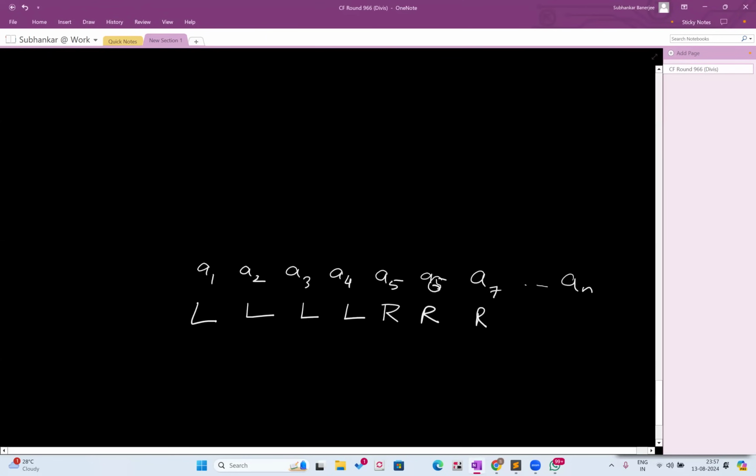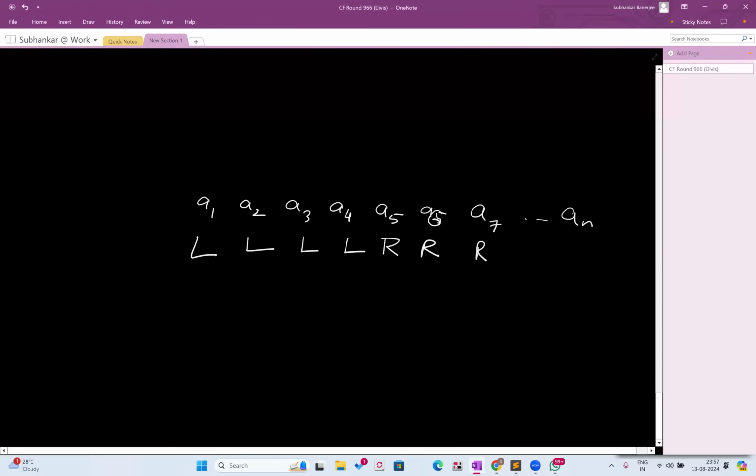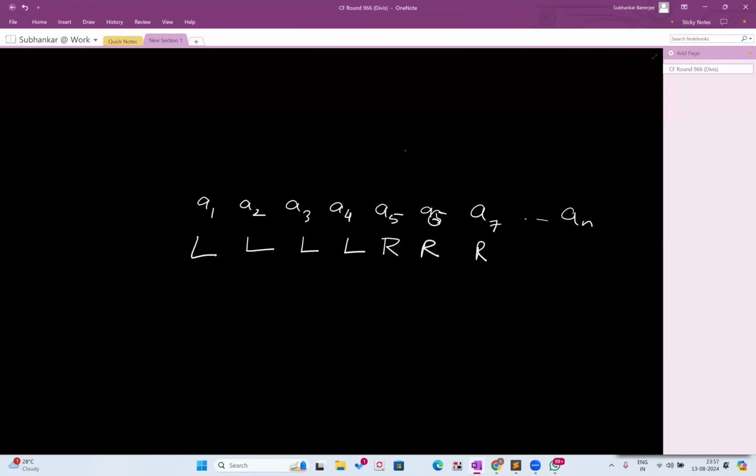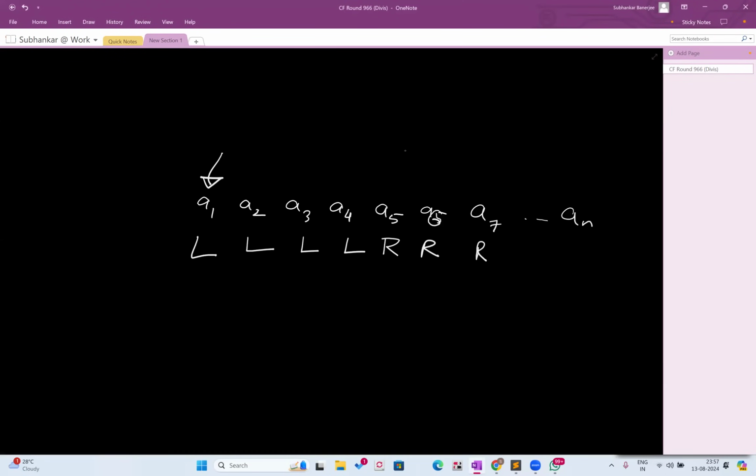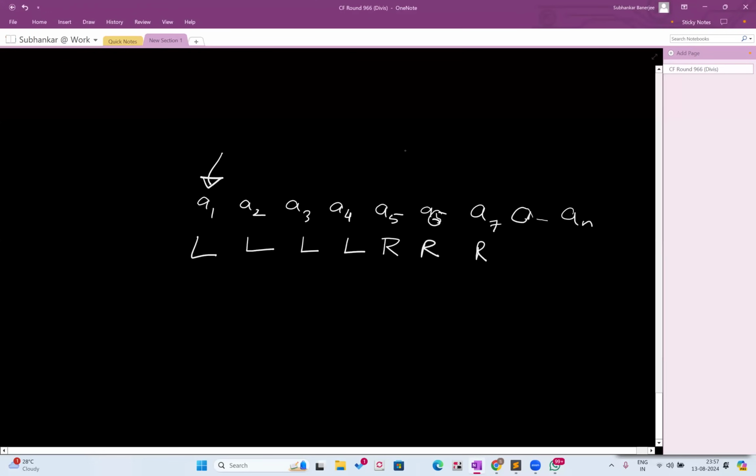So what we can do, suppose I choose this L. Suppose this has an L value and I choose this L. What can be the maximum sum, or the addition to the current score, that can be done?